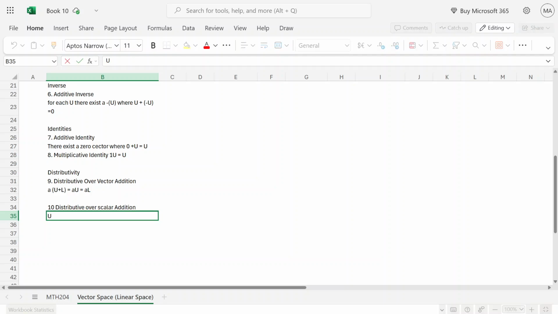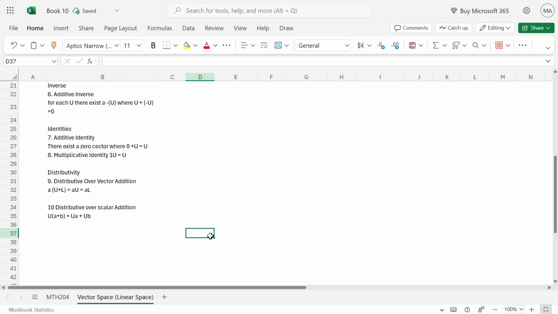All you are going to do is bring a vector here, then there exists some scalars inside here, and it should be equals to just the same thing, a times u plus b times u. So that's it. So this is distributivity through distribution.